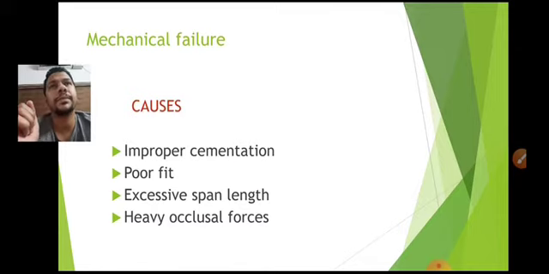You can take support from the canine tooth so that a 2-unit FPD can be given in that case, because it will not cause so much pressure on the pontic area, which will not hinder the longevity of the restoration. So before deciding your treatment plan, you should consider all these things in your mind.